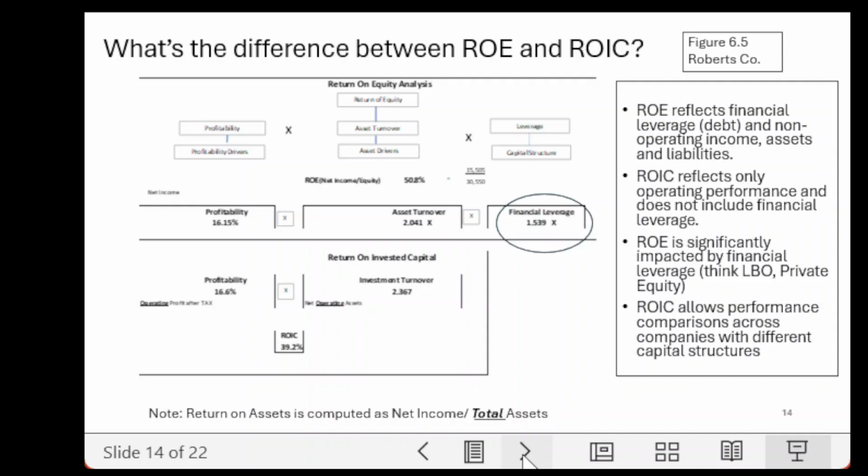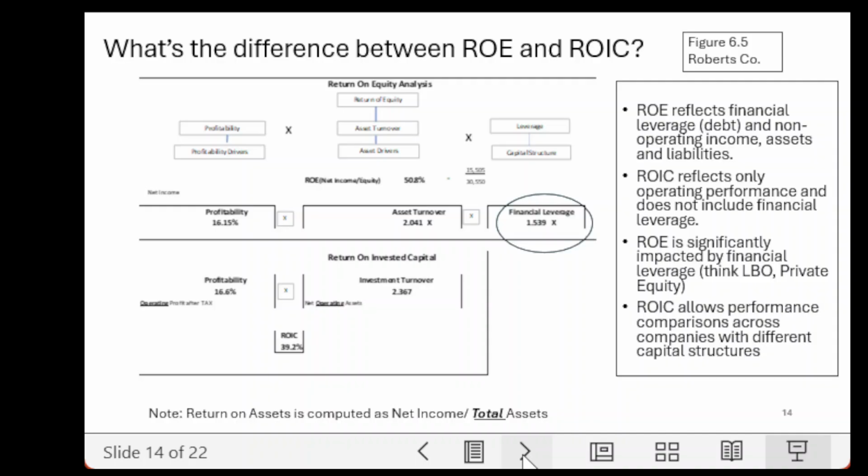Return on invested capital, the investment turnover is going to be close. It's defined a little bit different. It's net assets, so it's not assets, so there will be a difference. And again, ROE reflects the financial leverage, debt and non-operating income, assets and liabilities. ROIC is good because it drills down into the operating performance and is not impacted by financial leverage.